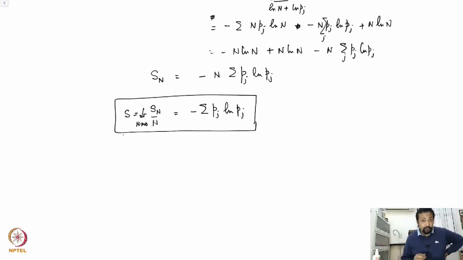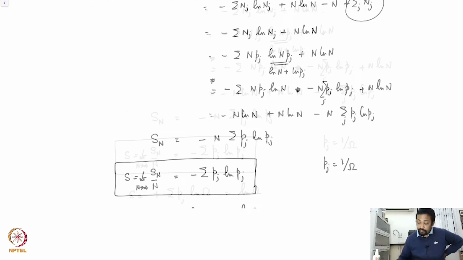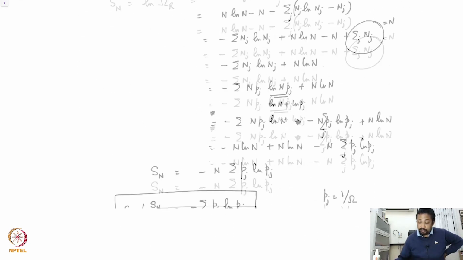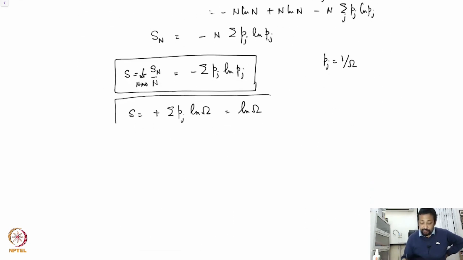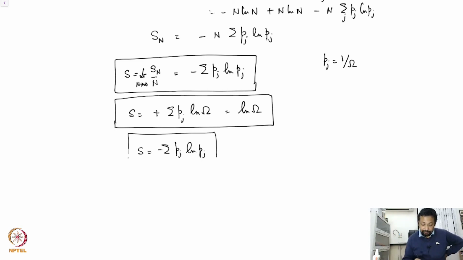If I now want to see whether I'm right in doing that, I can always take pj as 1 by omega, so that S becomes minus sum over pj, ln omega, which is ln omega. So we recovered the earlier result for equal a priori probability that we had derived before. So the general expression for an uncertainty associated with the outcomes is minus sum pj ln pj, right?